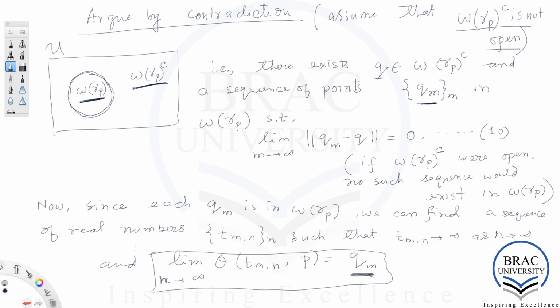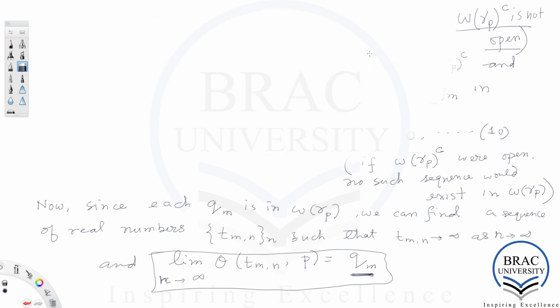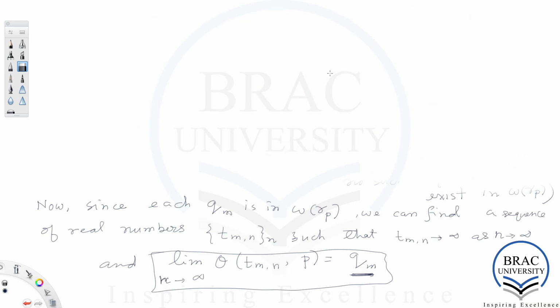Okay, good. Now I just erased equation number 10, which tells us that the sequence q_m converges in norm to the point q of the complement of the omega limit set.